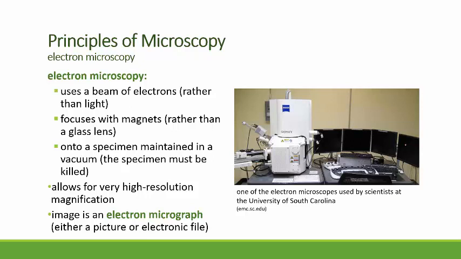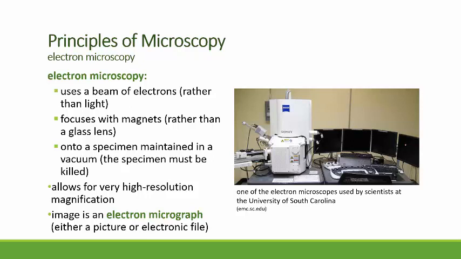We focus this beam of electrons onto a specimen that is maintained in a vacuum. You have to evacuate all the air because the air molecules would cause the electrons to scatter, and you would get no image at all. You would just see a lot of blurry fuzz.